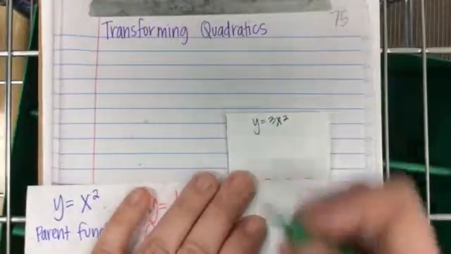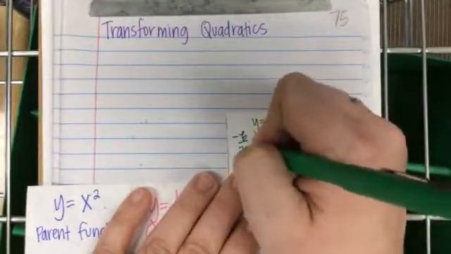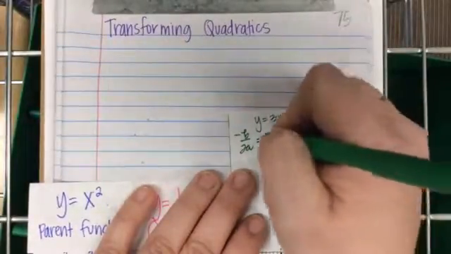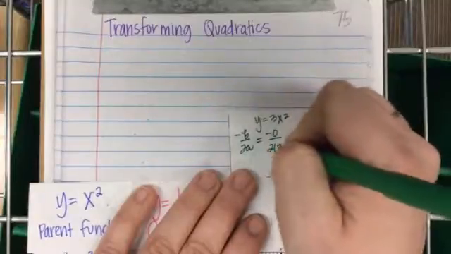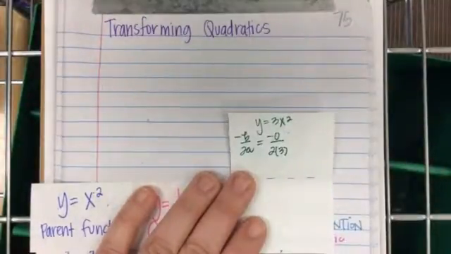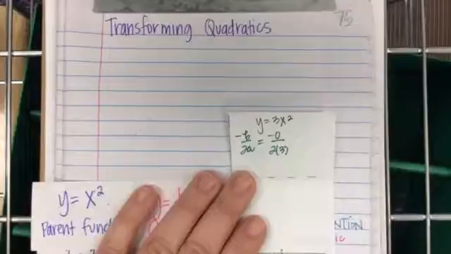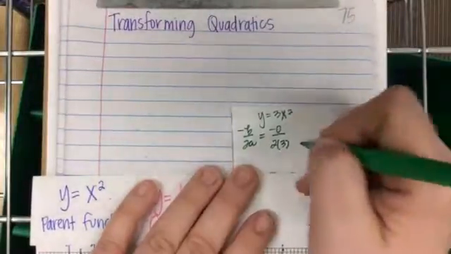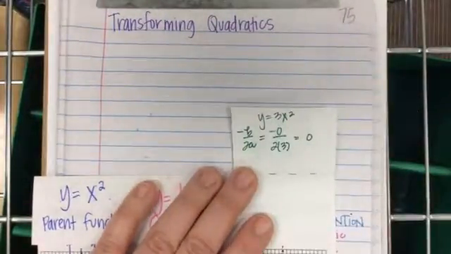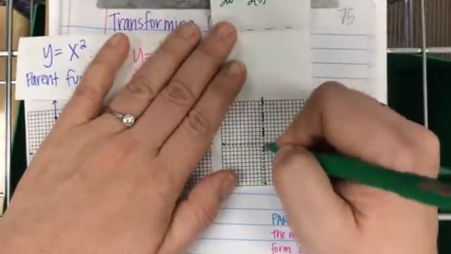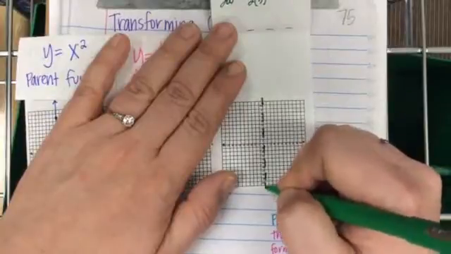So y equals 3x squared. All right, so negative b over 2a. It's almost to the point that I don't have to do this anymore because I've made the correlation. If your b value is 0, what's your axis of symmetry? Every single time, if your b value is 0, what's your axis of symmetry? 0. The b value is what determines your axis of symmetry.